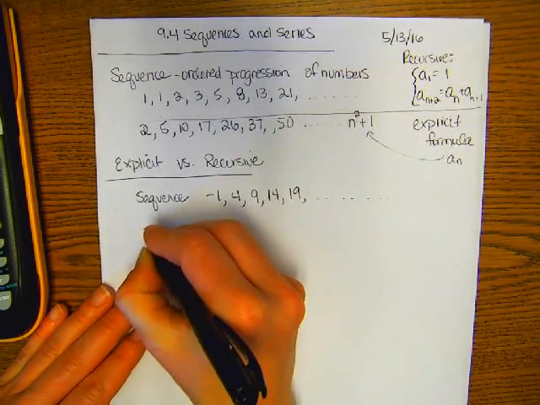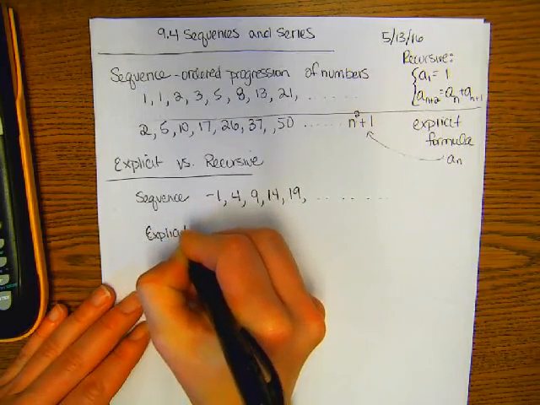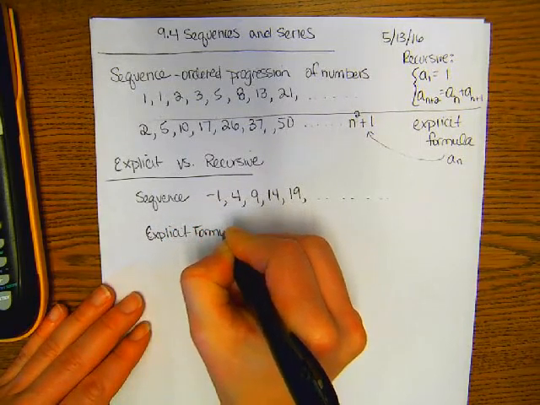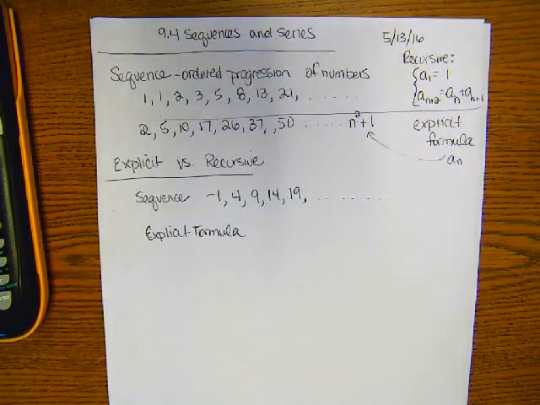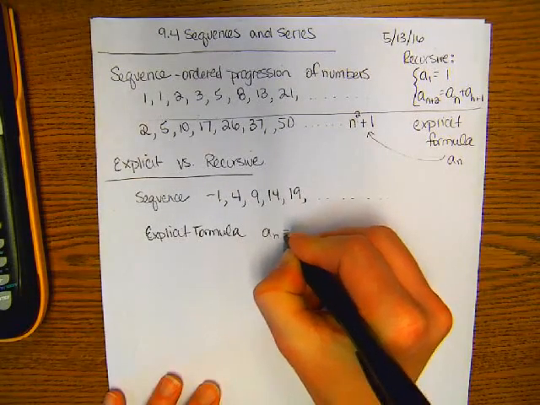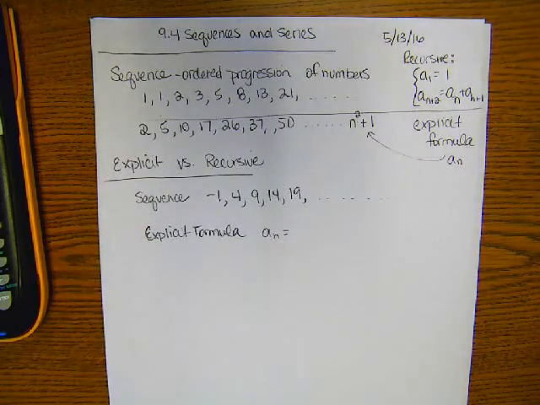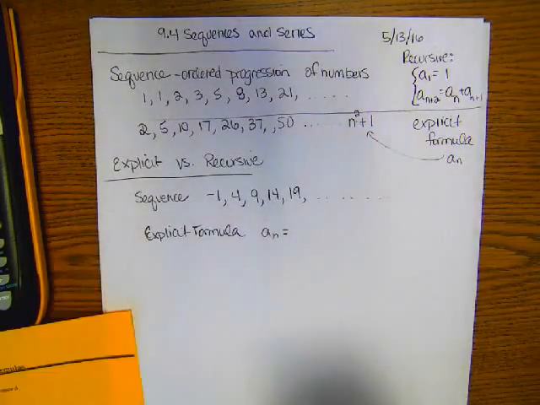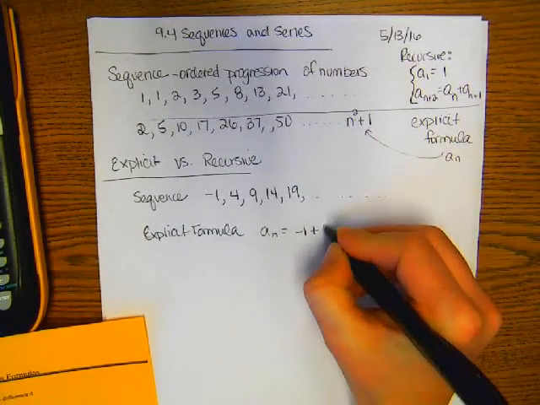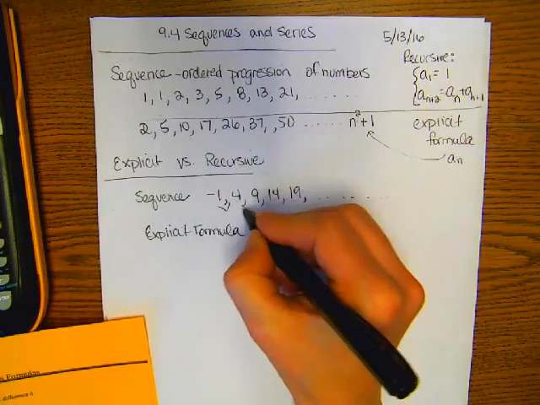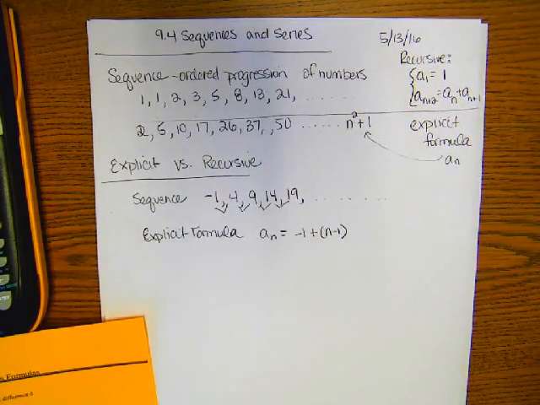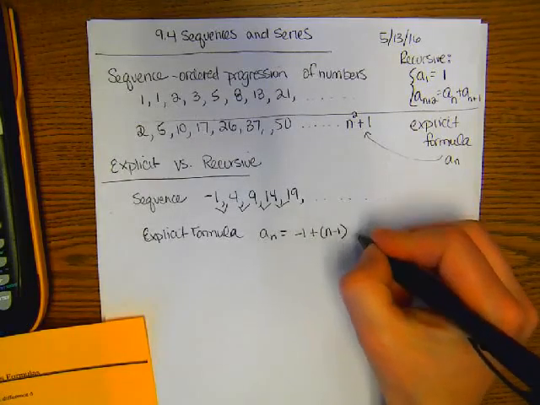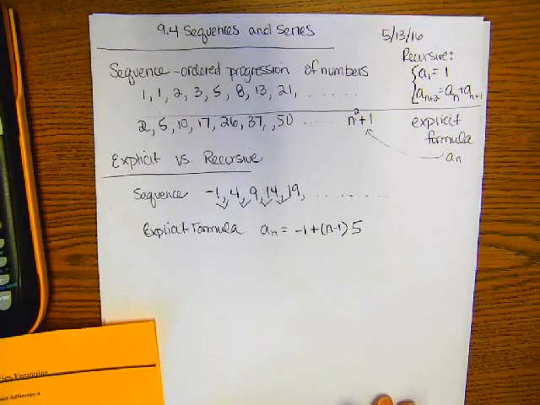The way that I would write this explicitly, we call it the explicit formula. It's right on this piece of paper. I would write a sub n equals a sub 1 plus n minus 1 times d. What does a sub 1 stand for? The first term. What's the first term? -1. So -1 plus n minus 1 times d, so I'd have to figure out what d is. d represents what's being added on, which is 5.